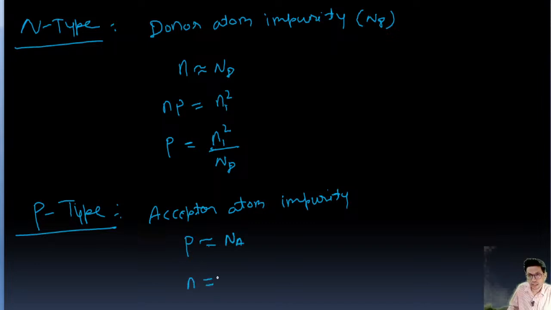In that case N is going to be equal to Ni square upon Na.